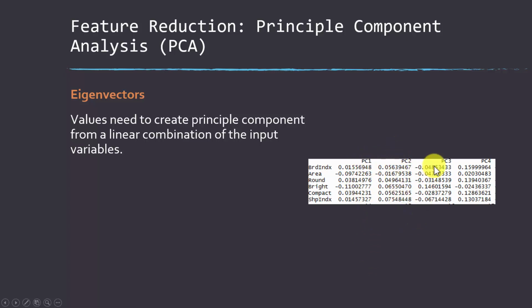And then there's just different values or eigenvectors for each principal component. So again, these are the values you need to create principal components from a linear combination of the input variables. We call these linear combinations because it's literally just the value multiplied by a coefficient plus the other value multiplied by a coefficient, and so on and so forth.